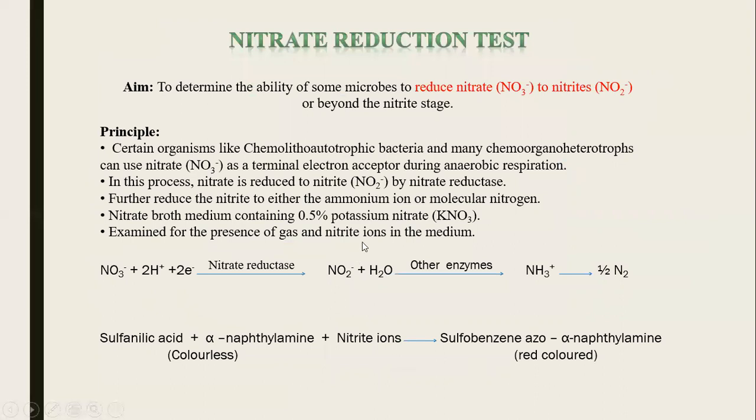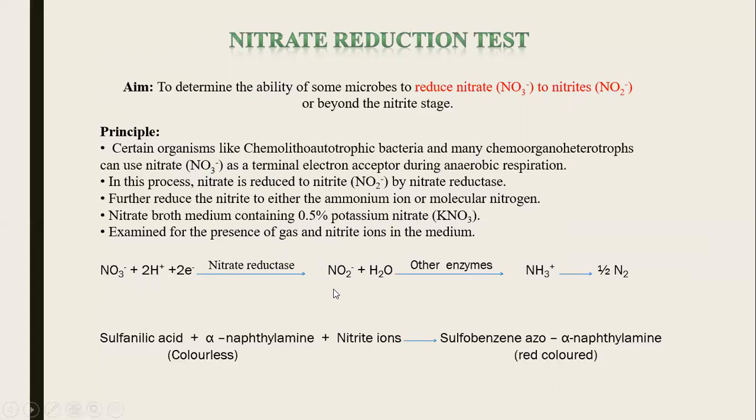Next, nitrate reduction test. This test is to determine the ability of microbes to reduce nitrate to nitrite. The organisms are inoculated in nitrate containing medium, that is, 0.5% potassium nitrate containing medium. If the organism possesses nitrate reductase enzyme, it reduces nitrate to nitrite.